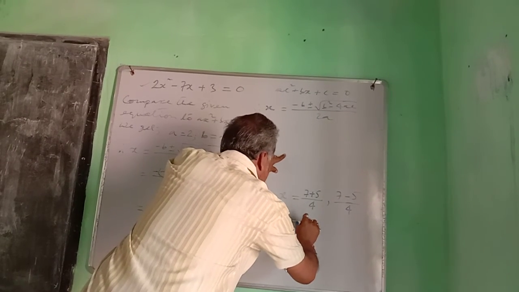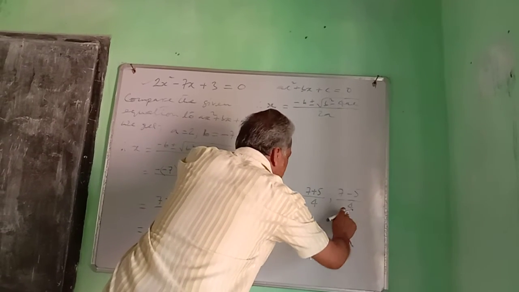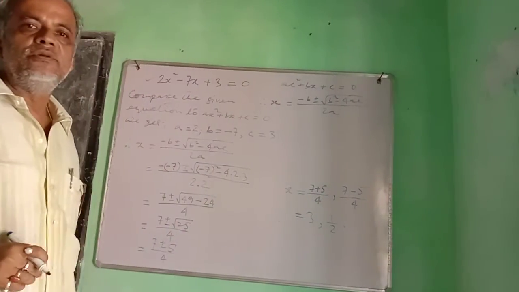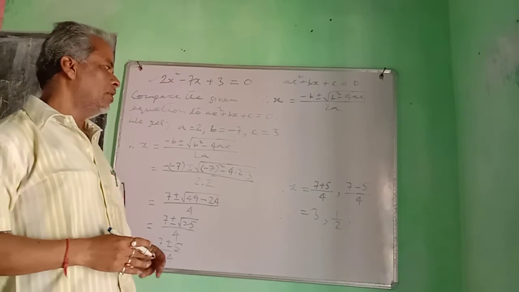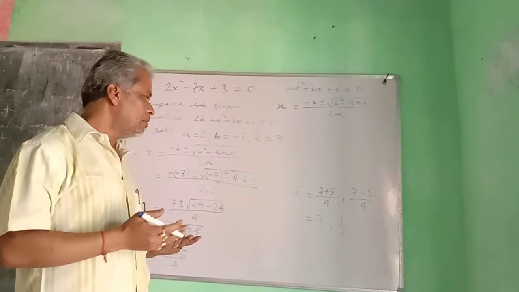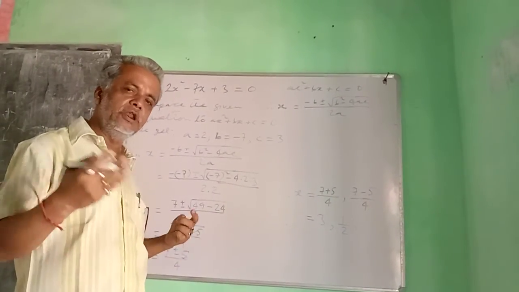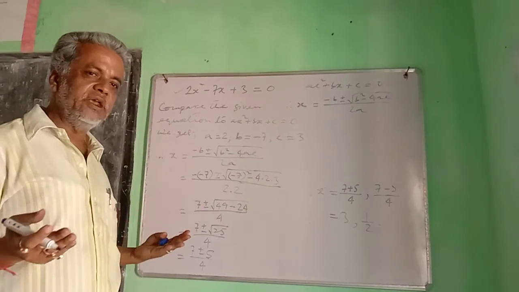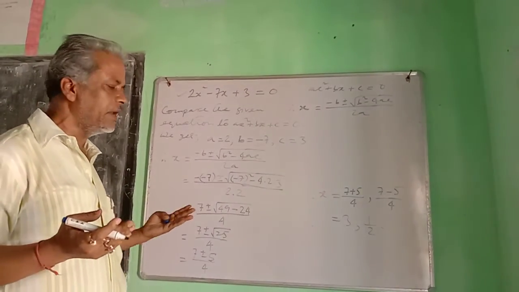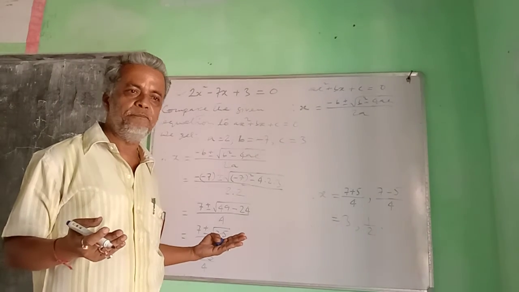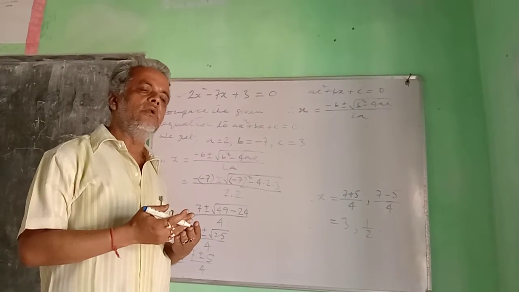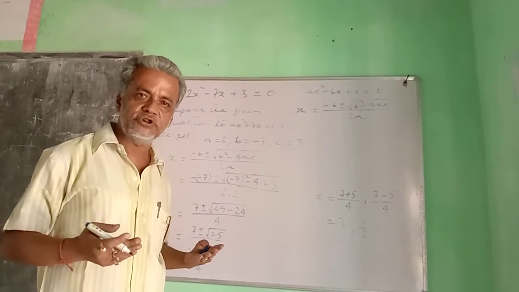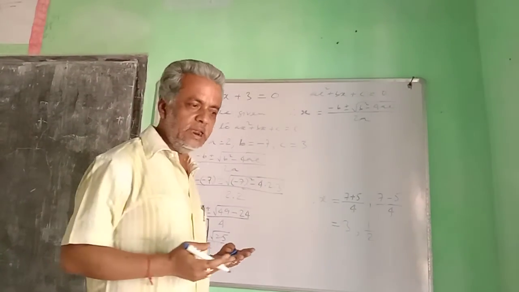Ultimately it is 12 by 4 is 3 and it is 2 by 4 is half. So you will get problems in your exercise to solve the equations by the method of application of quadratic formula. You will solve all the problems and utilize your time properly.